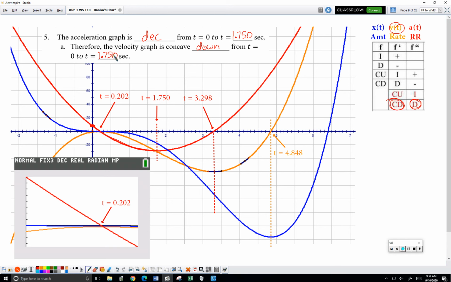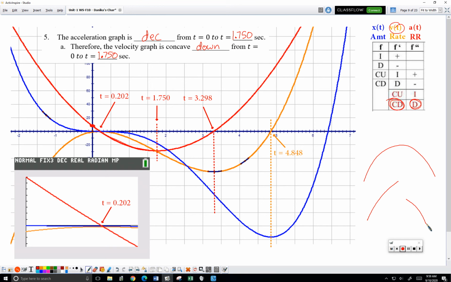Please memorize this. This shape, or any part of that shape, represents a curve that is concave down. The curve does not have to have the complete upside down curvature to be concave down. If the curve looks like this, that curve is concave down. If the curve looks like this, that curve is concave down.